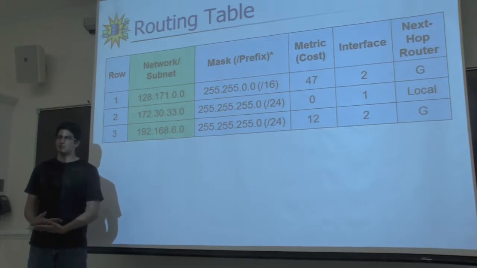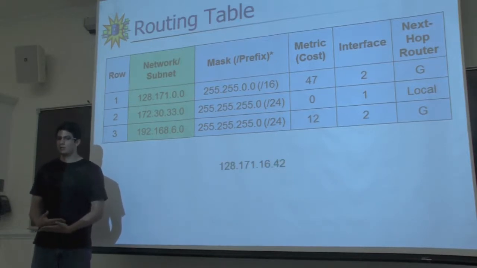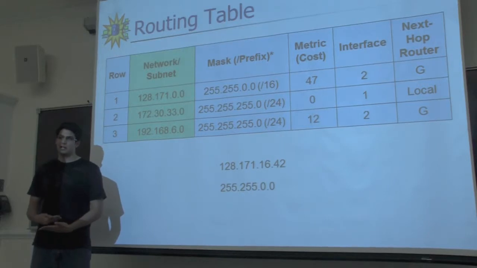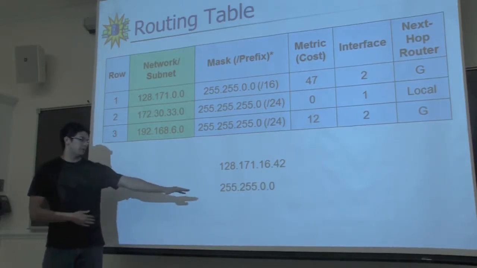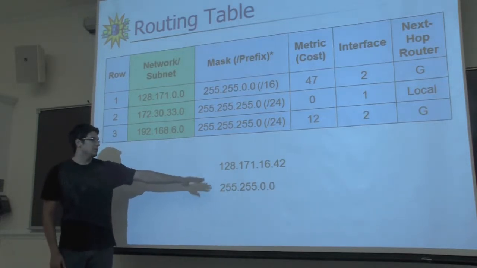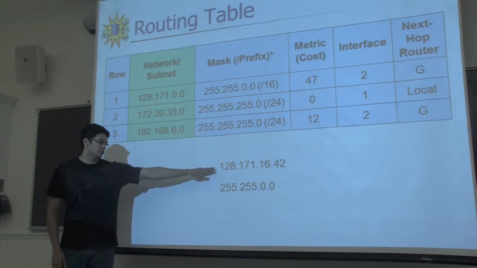Let's say we have an IP address of 128.171.16.42, and then we have a subnet mask of 255.255.0.0. Because the first 2 bytes of the subnet mask are non-zero bytes, we are going to keep the same numbers for the first 2 bytes of the destination address.